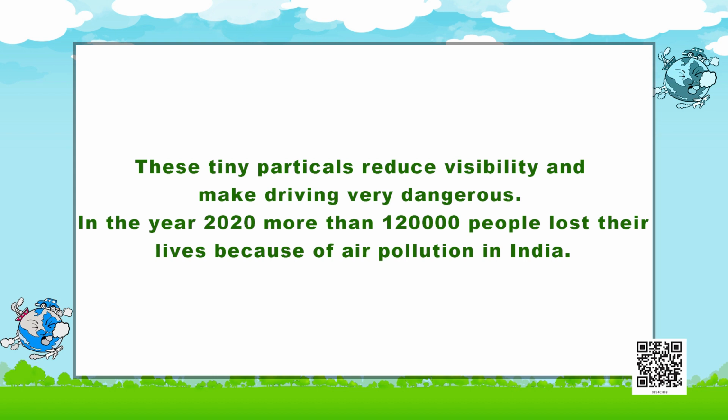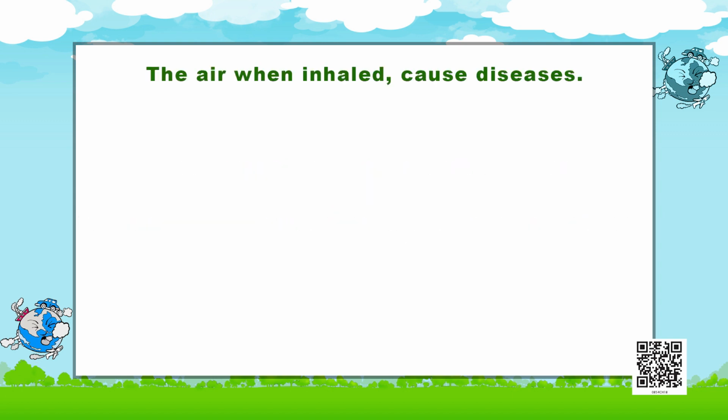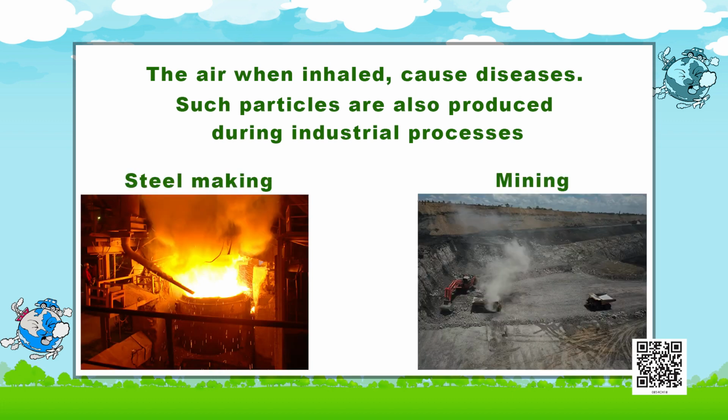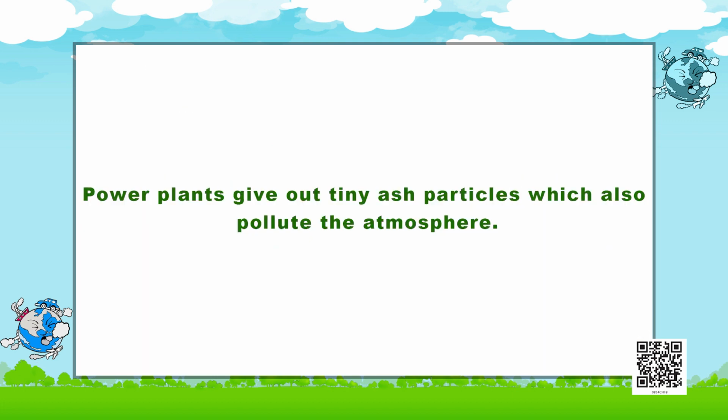In the year 2020, more than 1,20,000 people lost their lives because of air pollution in India. Such particles are also produced during industrial processes like steel making and mining. Power plants give out tiny ash particles which also pollute the atmosphere.